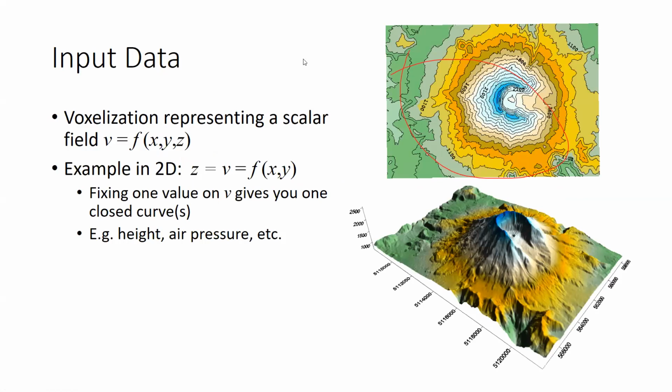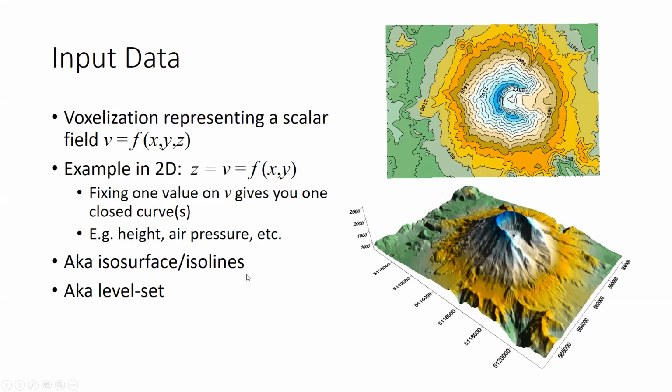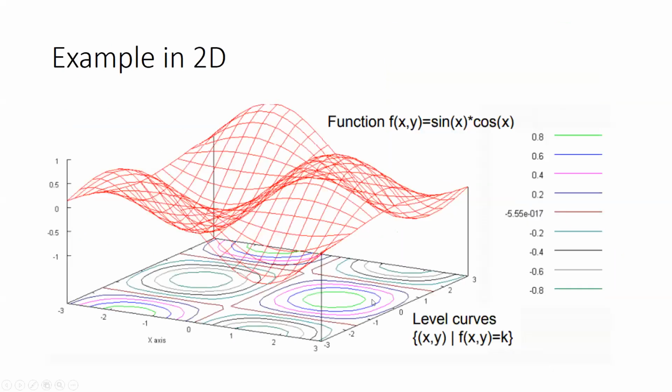And a sampling of the scalar field is where I just want a certain number, v. For example, if I take the contour of v equal to 1000, I will have a surface like that. This applies to any dimension because this is a 2D map. If you have 3D data, you can have 3D objects with that. We also call it an isosurface or level set.